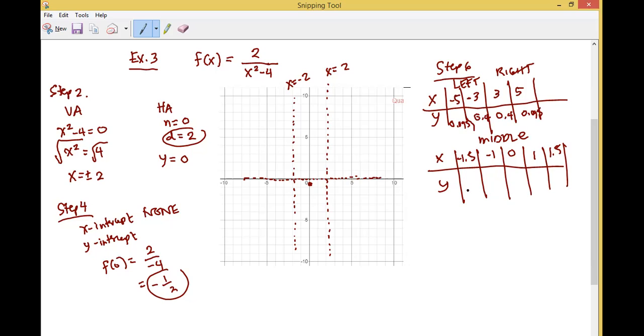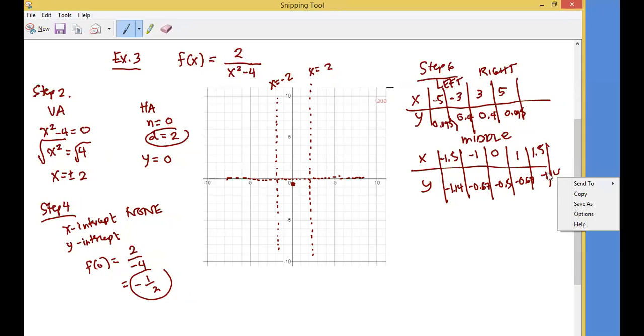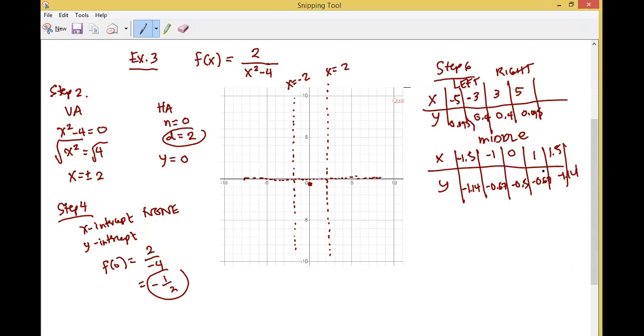For the middle, then after solving, we could plot like negative 5 and this one. Negative 3 and 0.4. It's very near to each other.